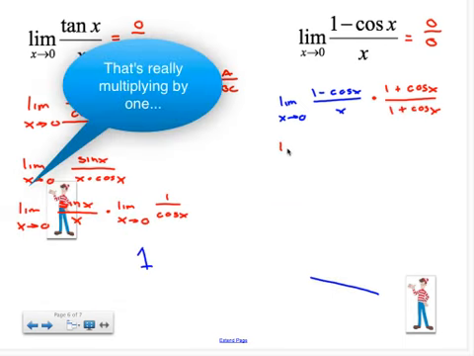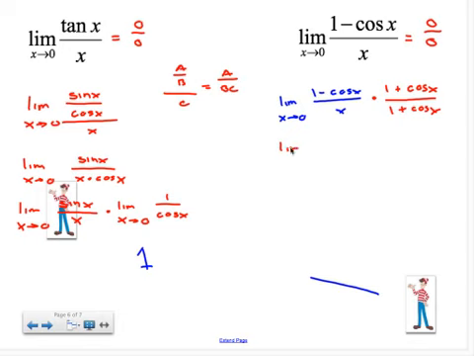What does that create for me? Well, it creates the limit as x goes to 0 of 1 minus cosine squared x over, I'll leave the bottom factored, x times 1 plus cosine x.